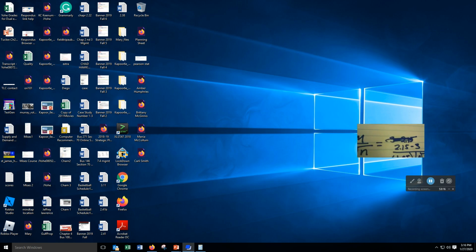The sample mean was 2.15. We subtract 3 from that. We're going to divide that by the standard deviation of the sample over the square root of the 11,160 students we sampled. 2.15 minus 3 is negative 0.85.